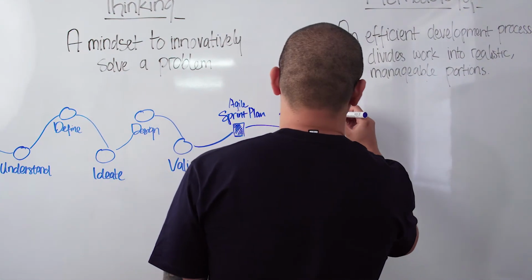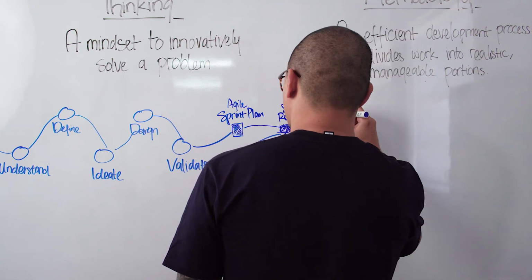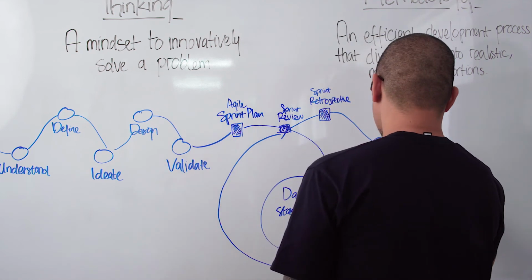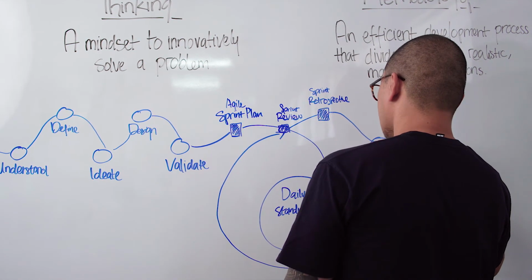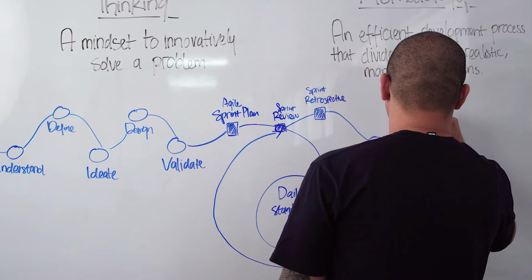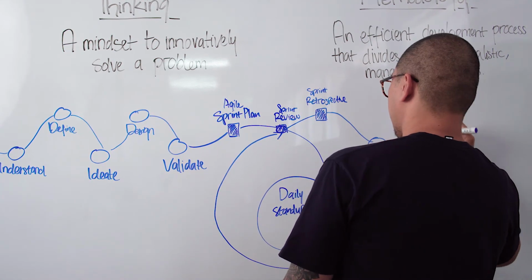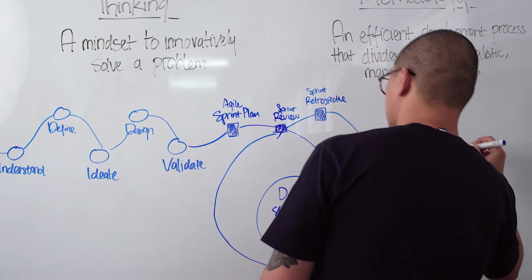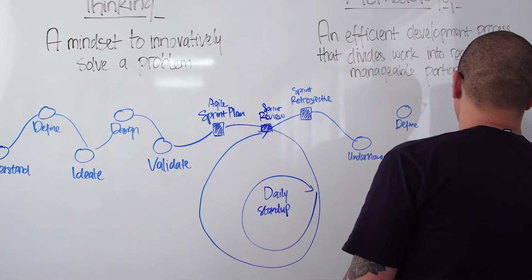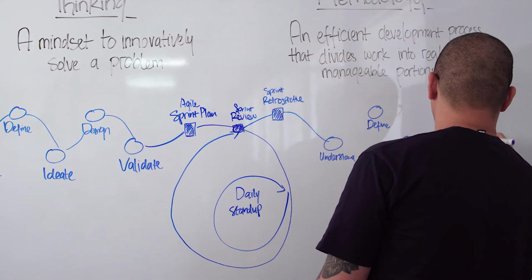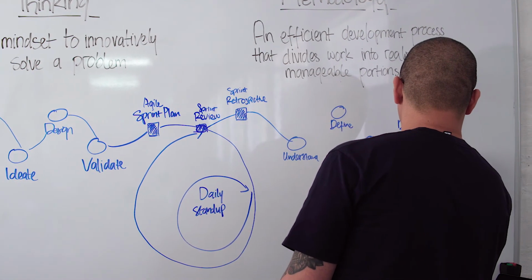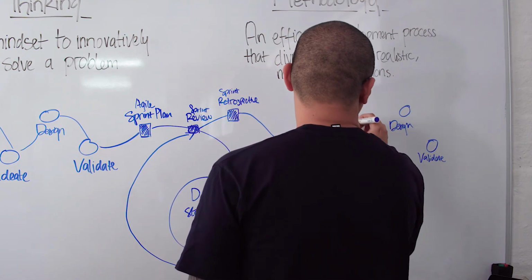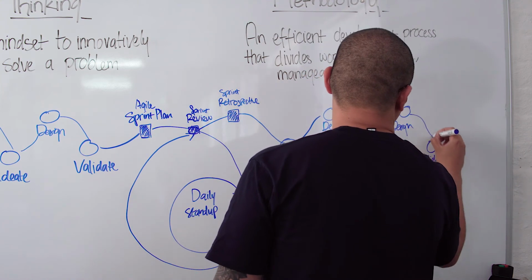And again, you'd go through the same process of understand, define, ideate. You get the idea. Design. And once again, validate. So that's when you run another process of design thinking, essentially.